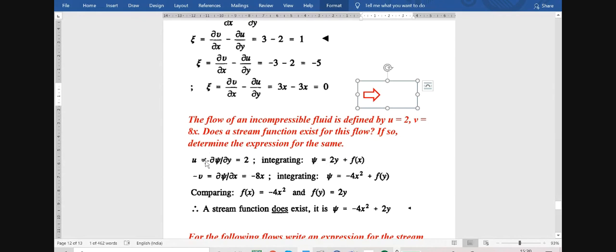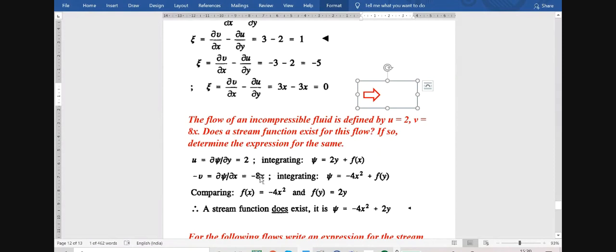Similarly, if we take this, v is equal to −∂ψ/∂x, and it is given as v equal to 8x. So you equate ∂ψ/∂x to minus v, that is minus 8x. And if you integrate it, you will get ∂ψ equal to minus 8x ∂x.